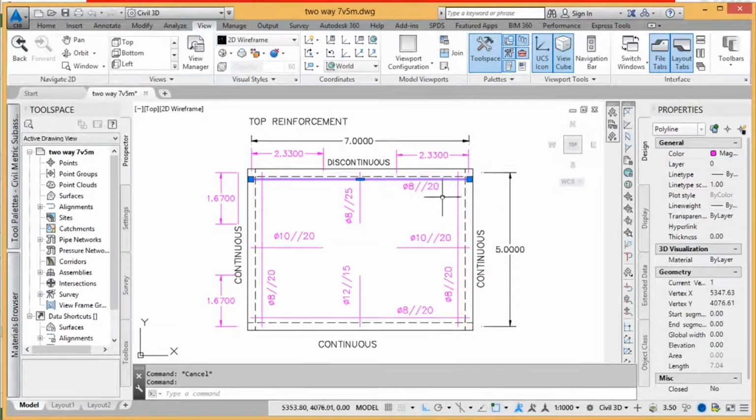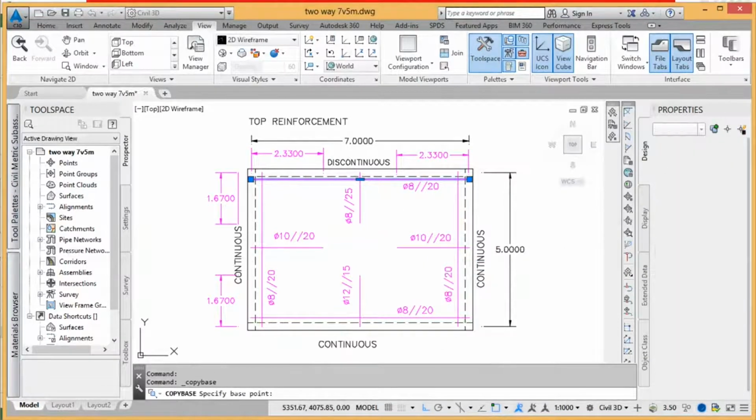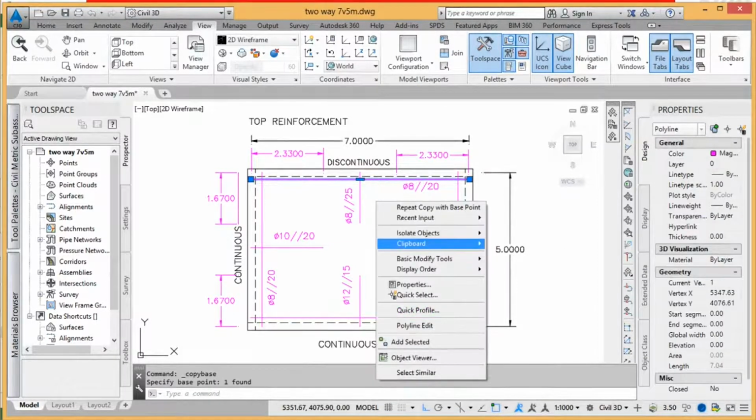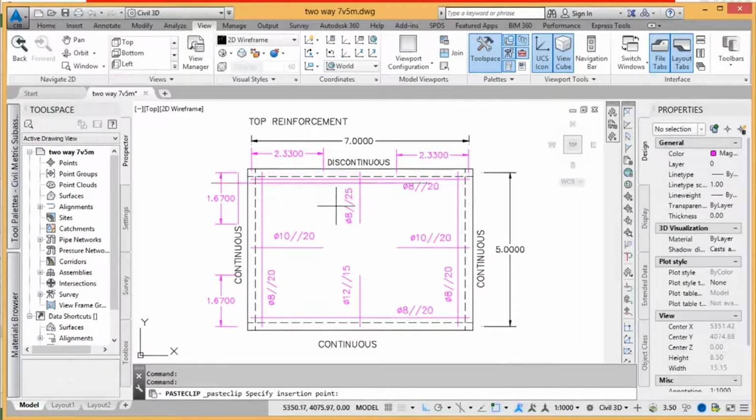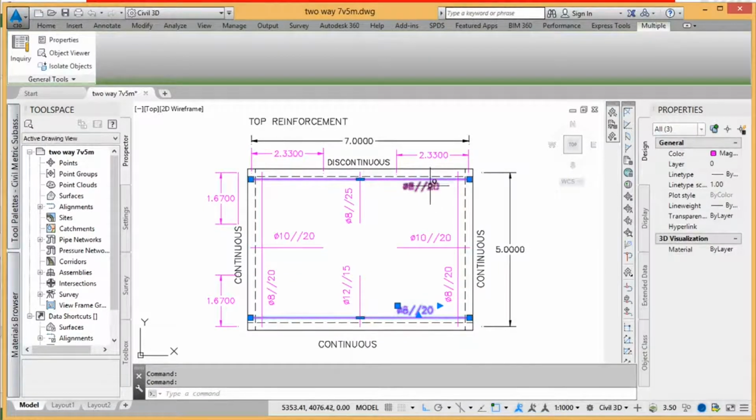we'll have these distribution bars occupying 1/3 too. They will go diameter of 8 spaced by 20, 1/3, and here too on the shorter span, 1/3 spaced by 20, on the other side too.